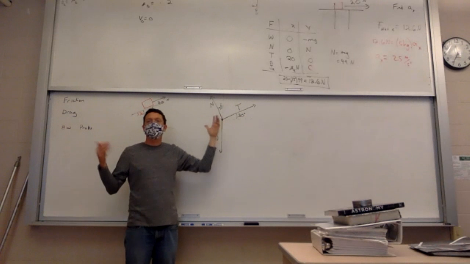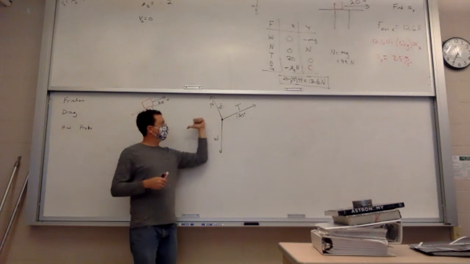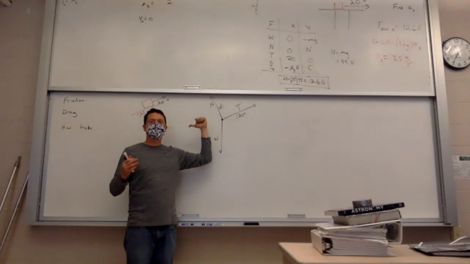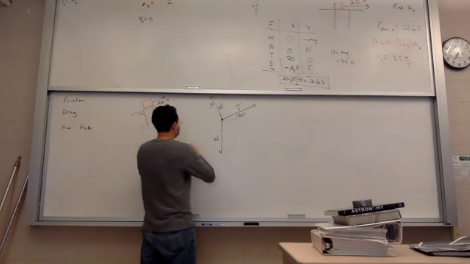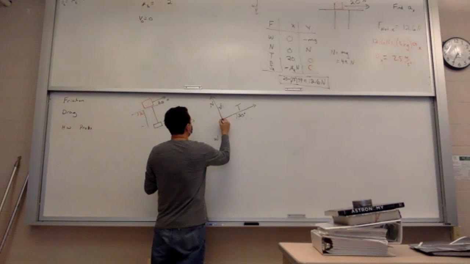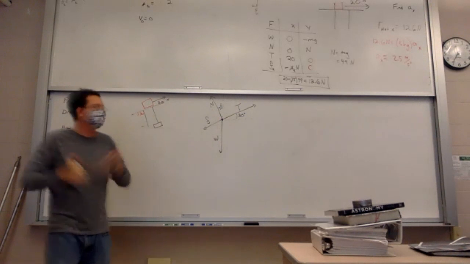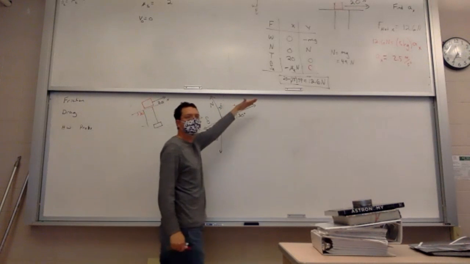So let's just make a guess. If our answer comes out positive, then our guess was right, and if it comes out negative, our guess was wrong. So let's make a guess that friction points this way. The numbers are going to tell us whether we were right or not. But we do know it has to be parallel to the table.